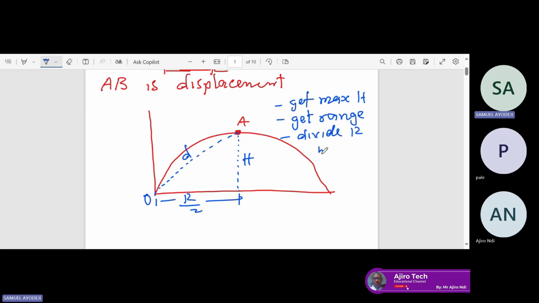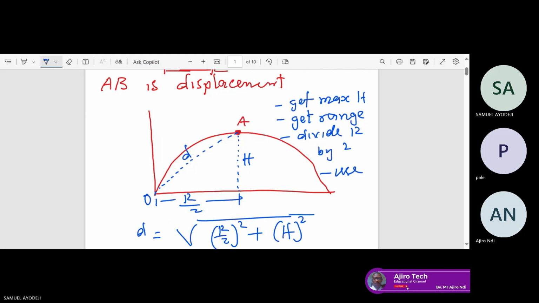Last, use Pythagoras theorem. So your Pythagoras theorem will give you the square root of (range over 2) squared plus maximum height squared. So that's the displacement. Is it understood? Yes, sir.